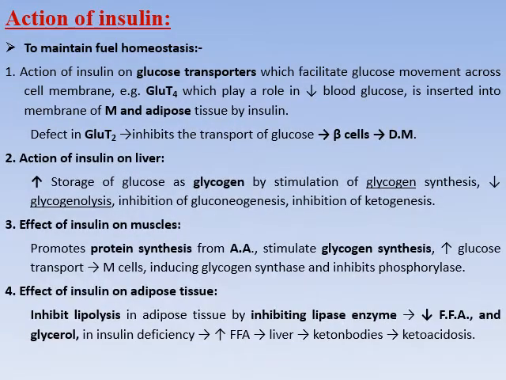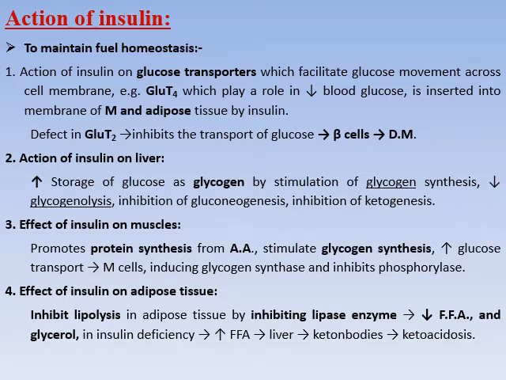Insulin is an anabolic hormone, maintains glucose metabolism and glucose homeostasis, and it has different biological activities. We will start with the entrance of glucose to the cell by insulin, which depends on the presence of glucose transporters. Glucose transporter type 4 will enhance the transport of glucose through the cell membrane of the muscle and adipose tissue.